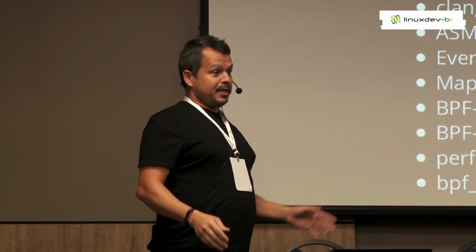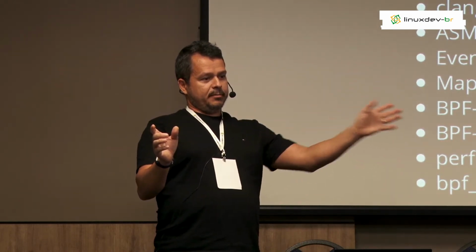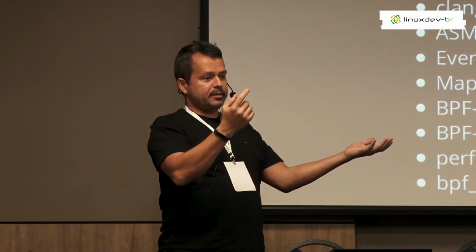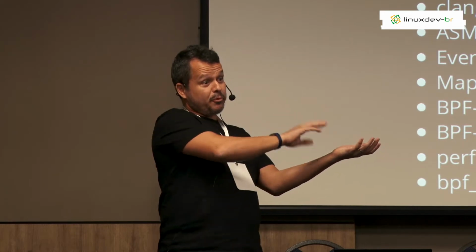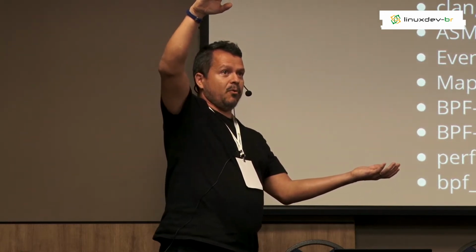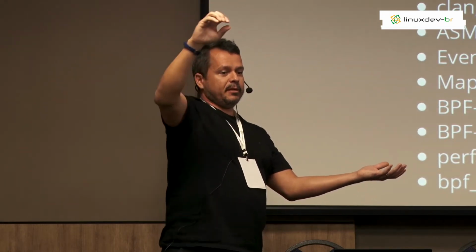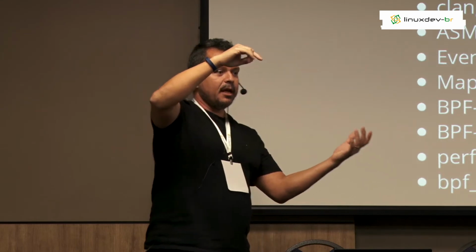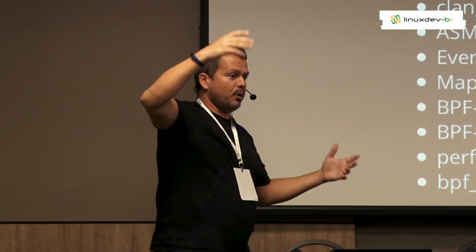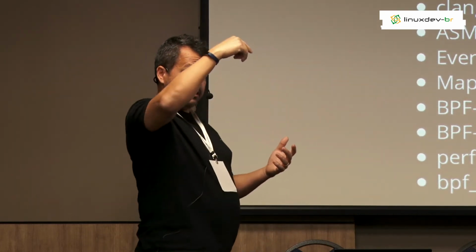Those maps let one BPF program that's connected to, let's say, packet receive, read and write a map, and another BPF program that runs when a buffer is passed to user space access the same thing, and some tooling in user space like a monitor or a profiler can look at this map as well.